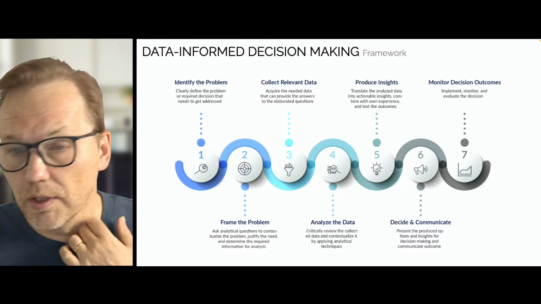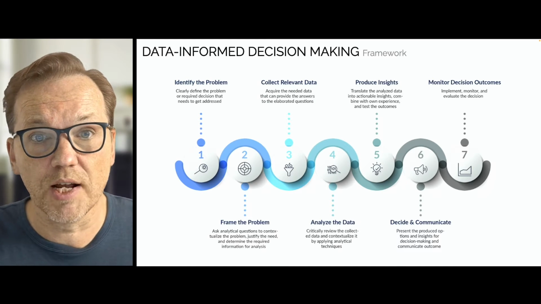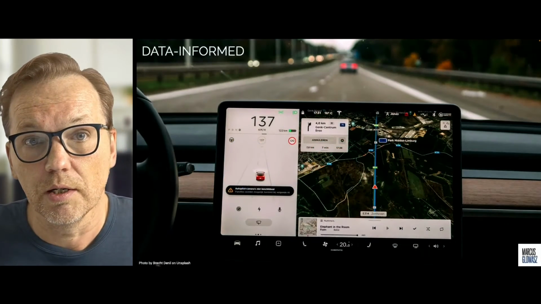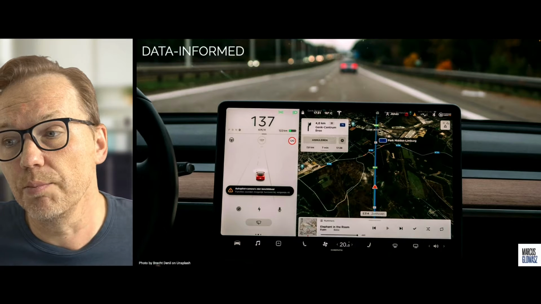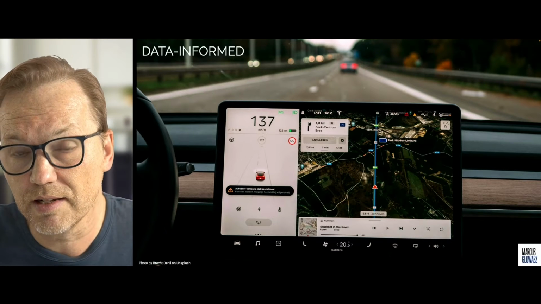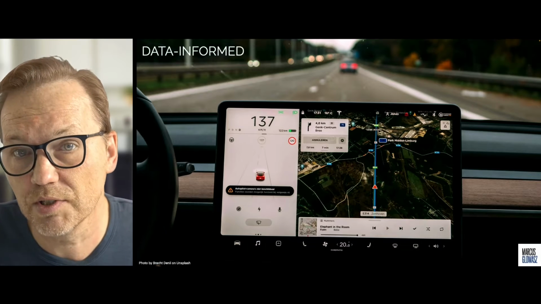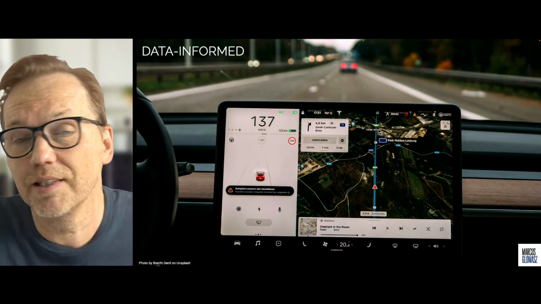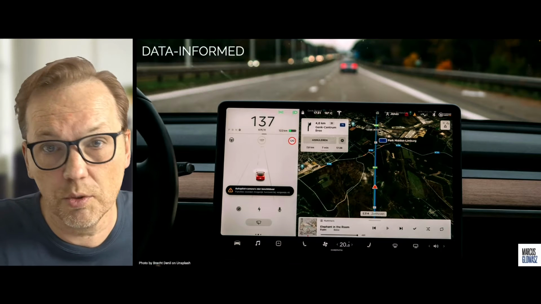And to make that a little bit more tangible from a concept point of view, what data-informed decision-making really means, I came up with this example here in terms of the navigation system in the car that we're all familiar with, right? So what happens? I think we're all familiar with this, how that actually works.